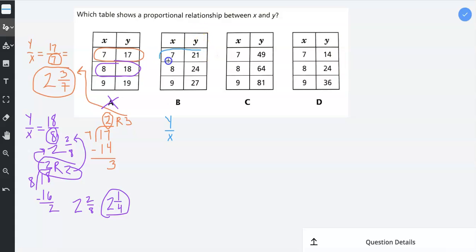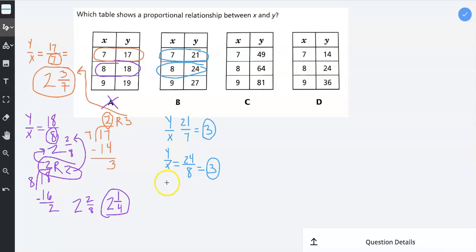So I fill in for this first point, 21 is the y, and the x is 7. 21 divided by 7 is 3. I look at the next point. K equals y divided by x. The y is 24. And the x is 8. 24 divided by 8 is 3.